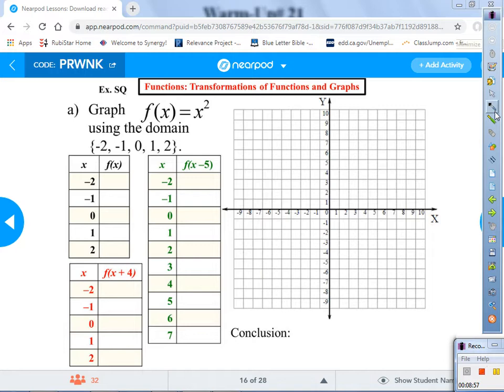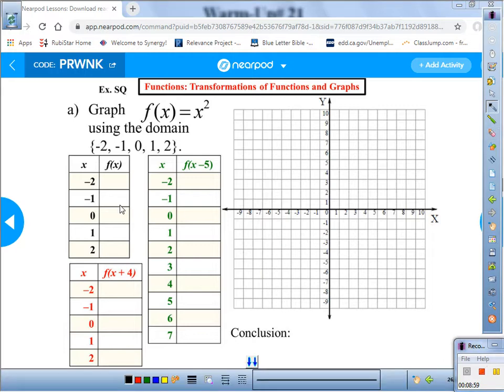All right. As you're copying, the function tells us that we're doing what to x? Squaring x. So I'm going to start with this one. What is negative 2 squared? That means negative 2 times negative 2 is positive 4. Negative 1 times negative 1 is positive 1. 0 squared is 0. 1 squared is 1.